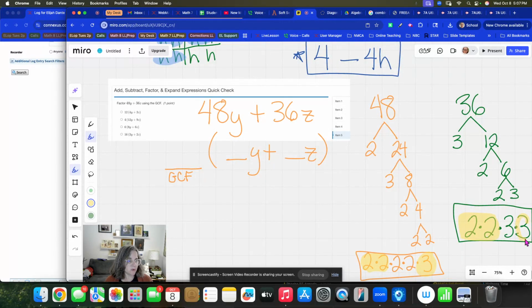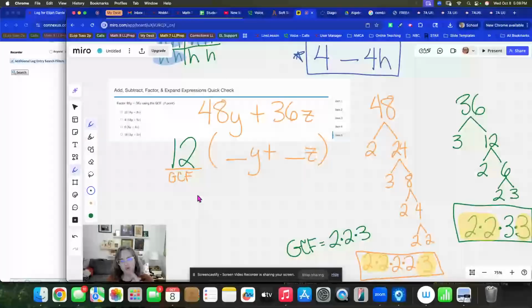So I can only take one of these 3's here. That's okay. So the GCF here is going to be whatever 2 times 2 times 3 is. And 2 times 2 is 4. 4 times 3 is 12. So that means I'm going to factor out or undistribute a 12.